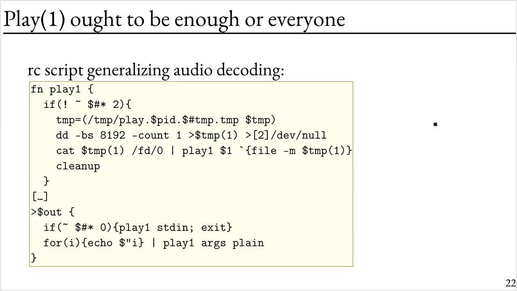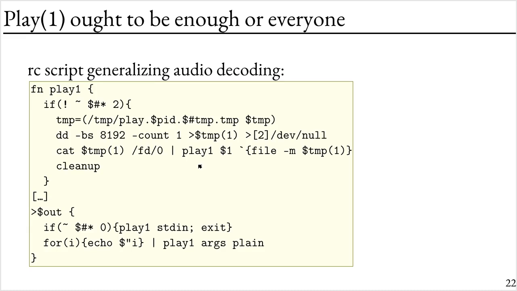So what do we have for playback for our music collection? Unsurprisingly, there are a lot of different approaches. In 9front, one of them is the play script, which generalizes audio decoding by providing generic file audio format detection using file.